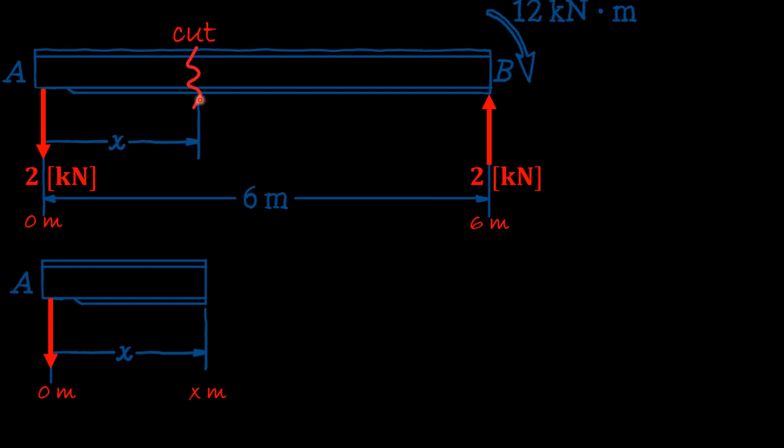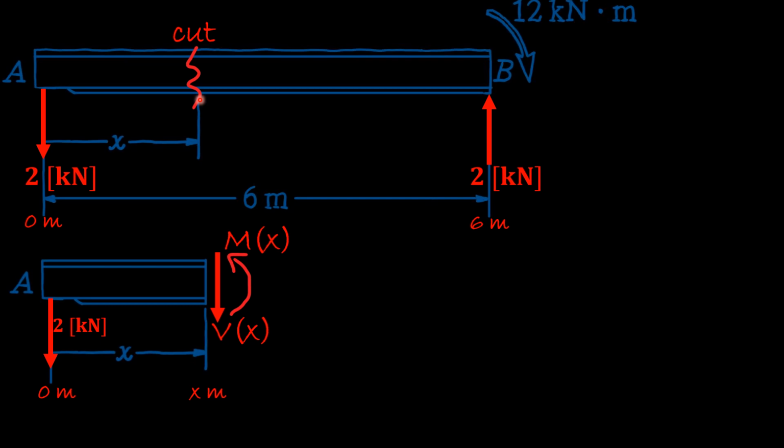At 0 meter, at support A, we will have a downward force of 2 kilonewton, and here we will assume a downward internal shear force. And here we will assume a counterclockwise positive moment at that cut.